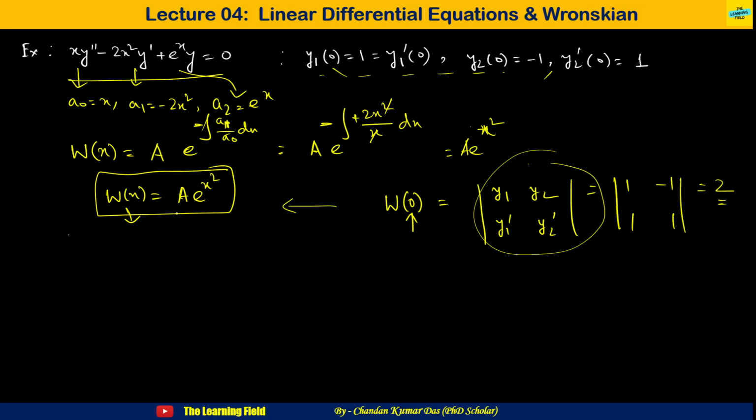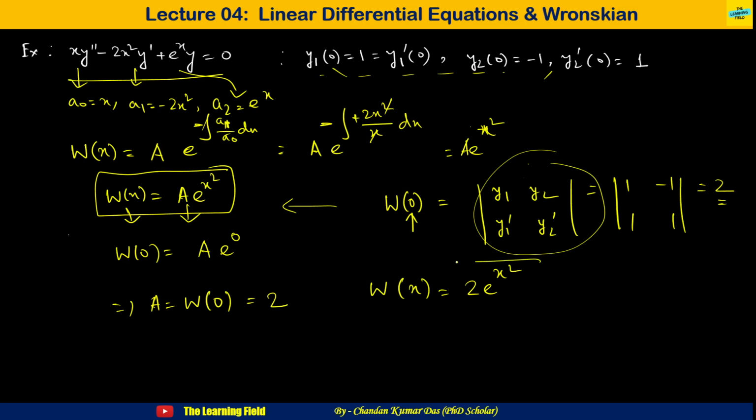And so mostly we write here, W at 0, if we put x equal to 0, this is equal to a into e to the power 0 means 1, that is a equal to W at 0, so this is equal to 2, so we can write W(x) equal to 2 e to the power x square.